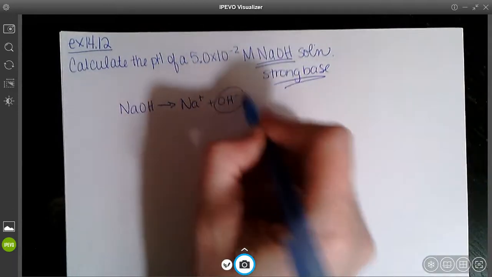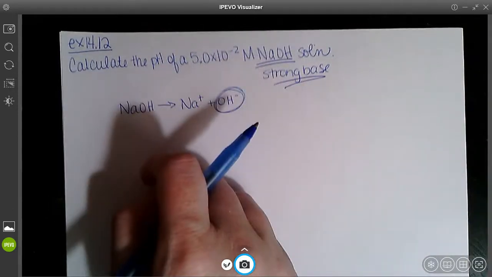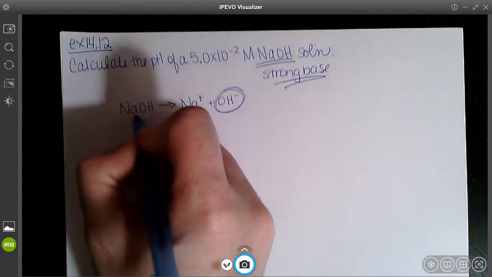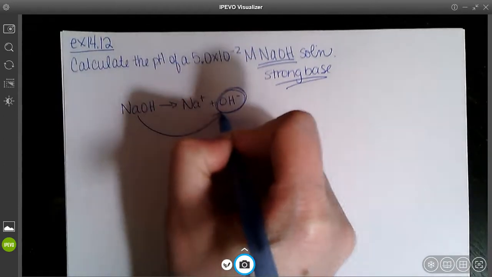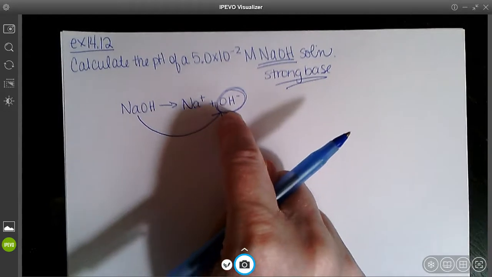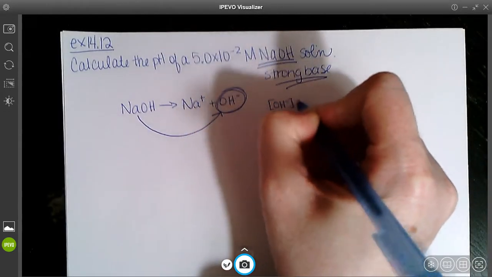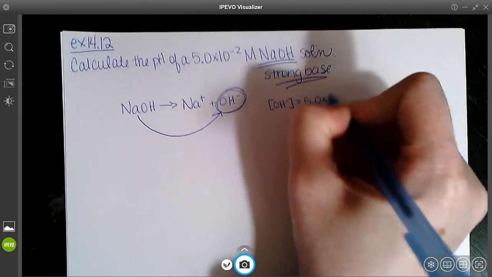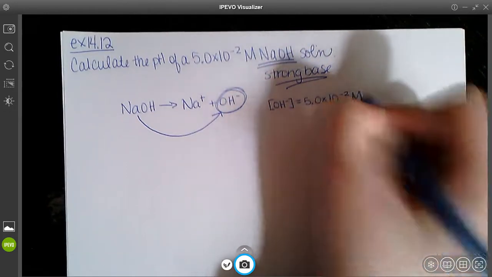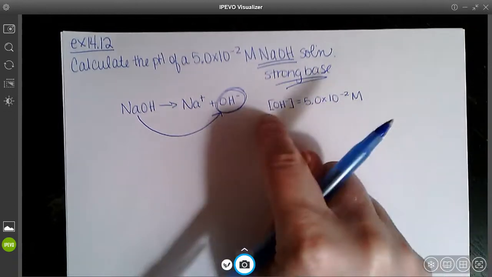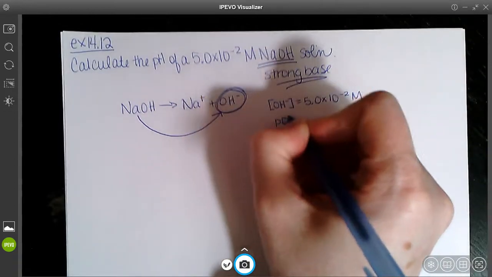I can find the concentration of OH from this because whatever my concentration of NaOH is actually my concentration of OH. So I know the concentration of OH here is 5.0 times 10 to the negative second molarity. Well, I can't exactly get pH from that, but I can get pOH.